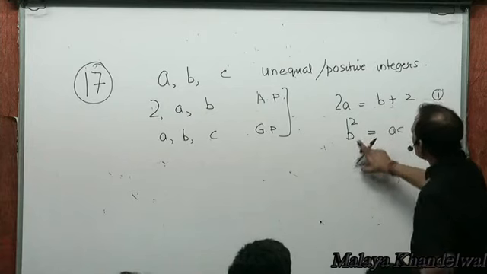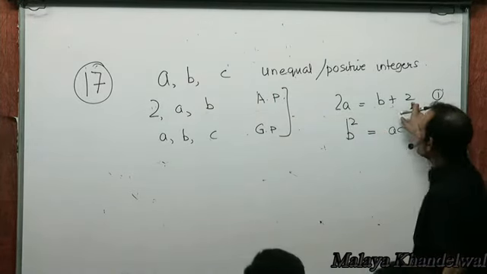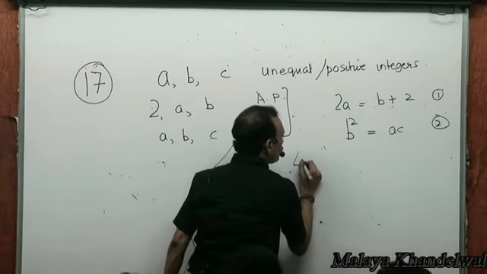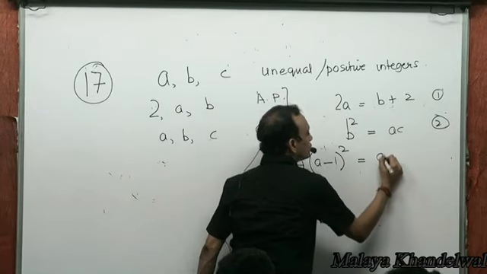Now, b squared can be written as 4 into (a minus 1) whole squared, since b is 2a minus 2. That's ac, isn't it?